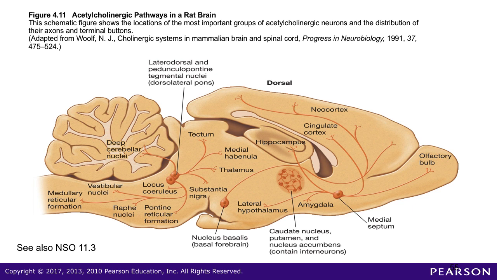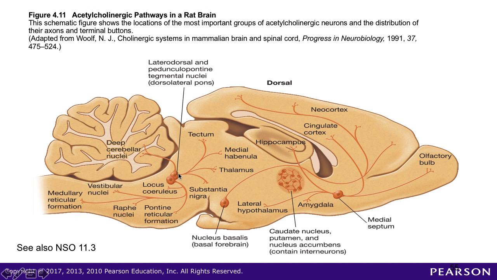This is a figure from Carlson showing the acetylcholinergic pathways in a mid-sagittal section from a rat. Again, we see the dorsolateral pons, and it has both ascending and descending projections. These descending projections go to other metencephalon structures, as well as myelencephalon structures.